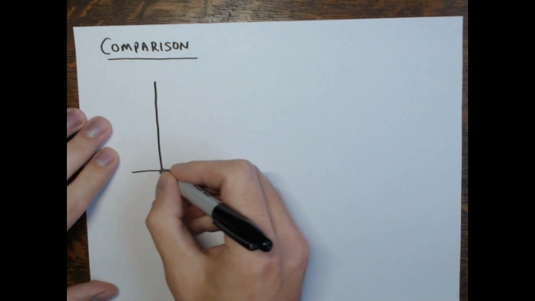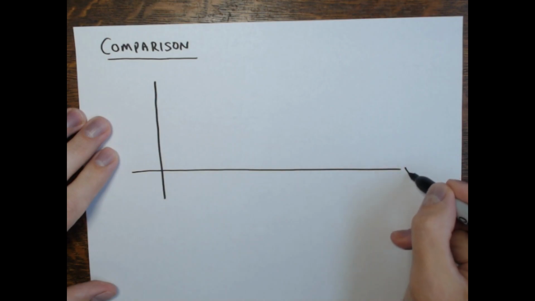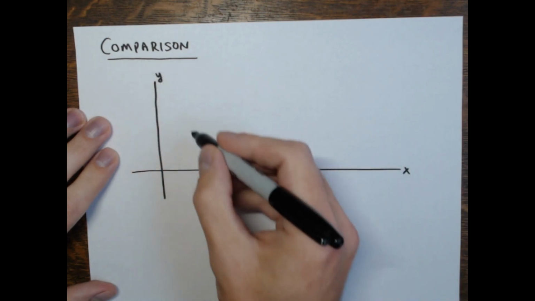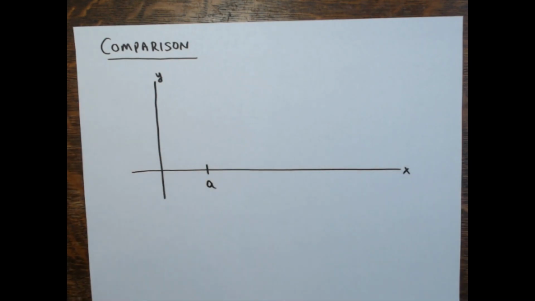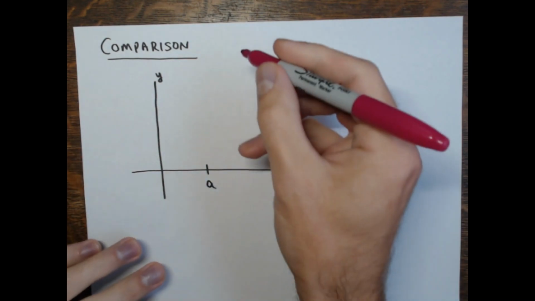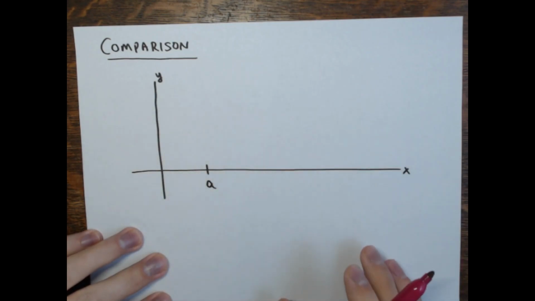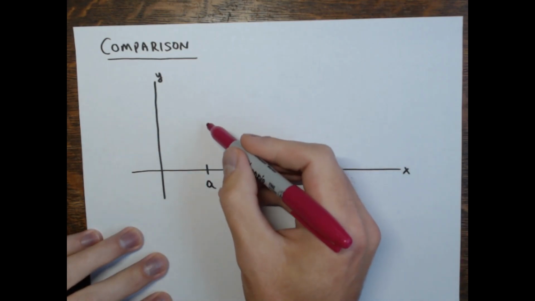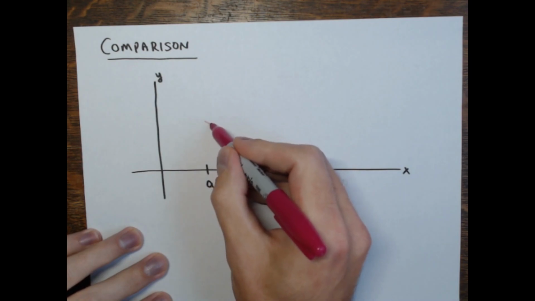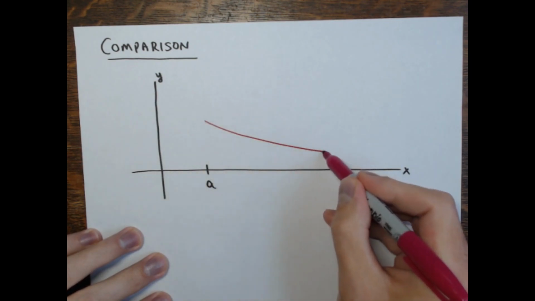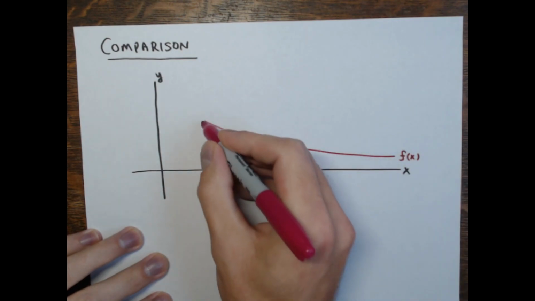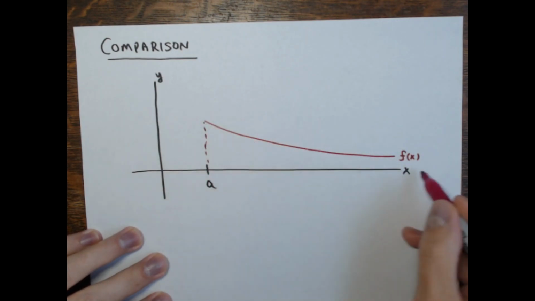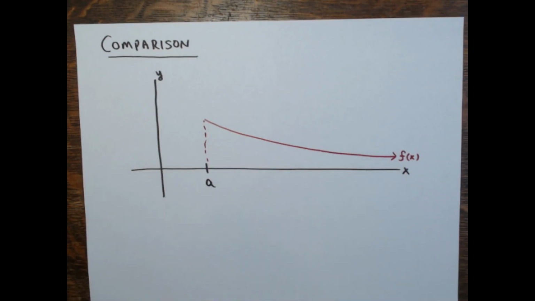All right, so say I have functions over some interval from a to infinity, and they're functions of positive values, right? Positive valued functions. So say here's a function called f from a to infinity, right? Going out that way forever.